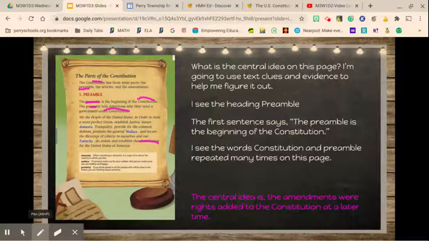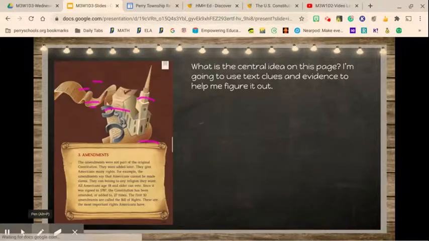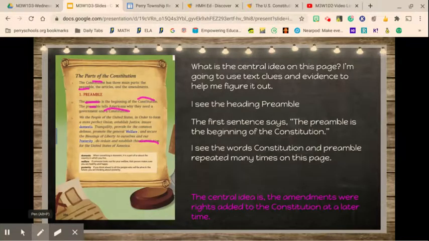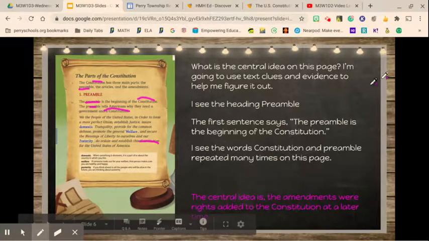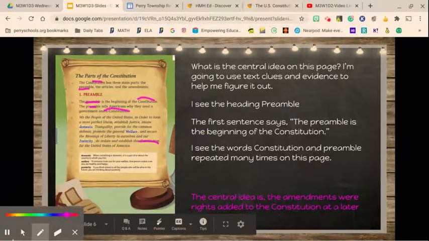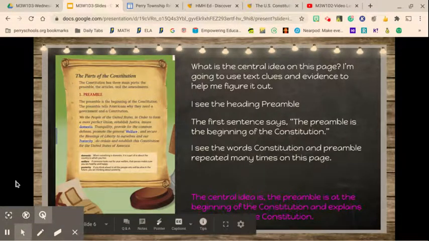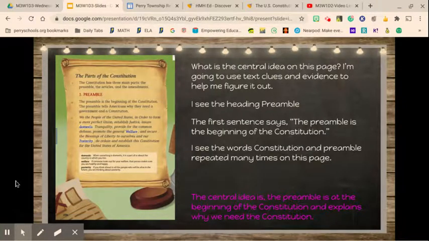The central idea that I came up with is the preamble is at the beginning of the Constitution and explains why we need the Constitution.